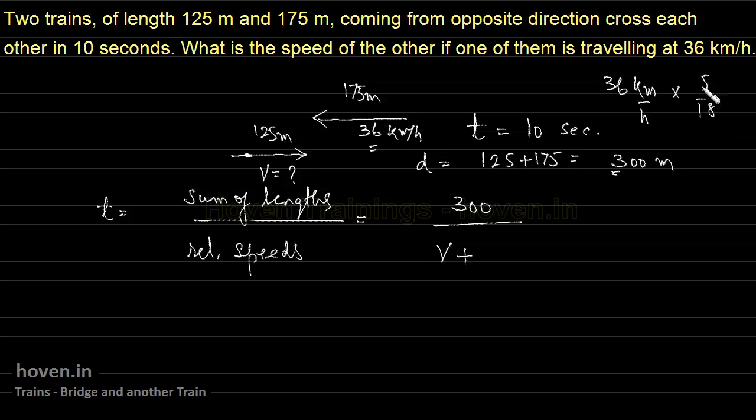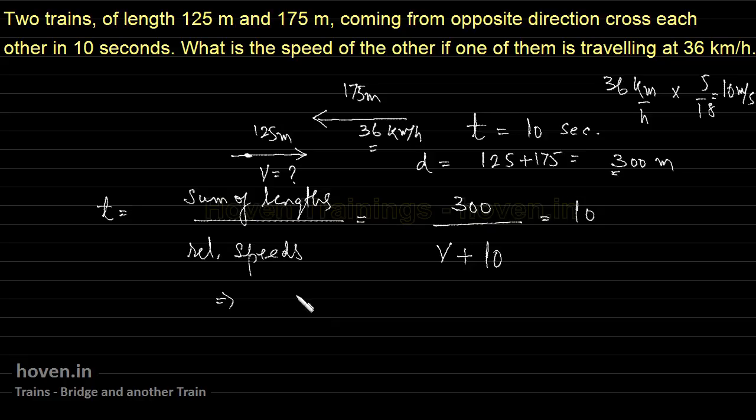This figure will convert it into meters per second, which comes to 10 meters per second. So this 36 kilometers per hour is same as 10 meters per second. We'll put 10 meters per second here and we get t is already given as 10. This is equal to 10.